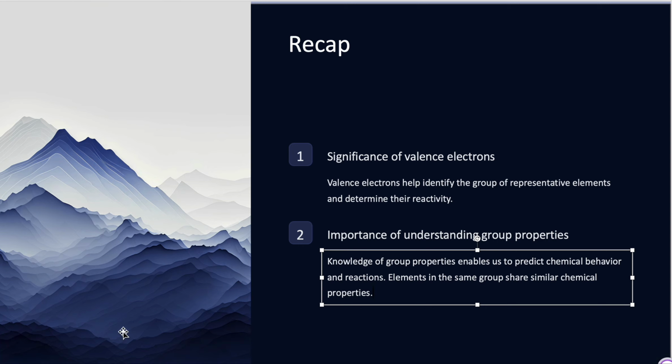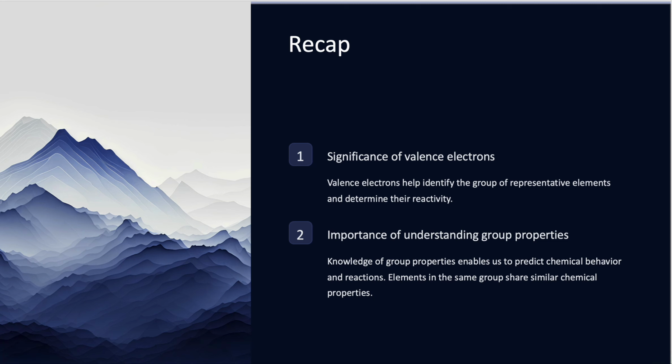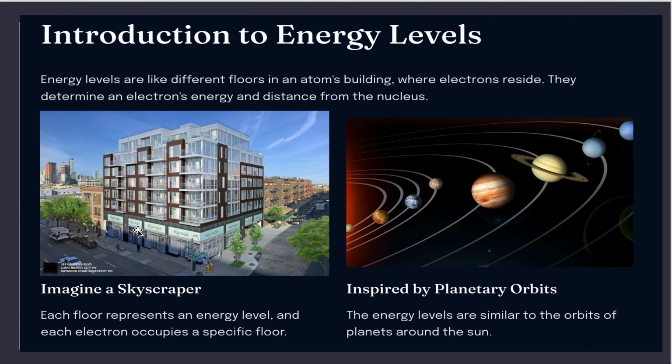Here, remember that based on the structure of the atom, we have the energy levels, and this is the planetary model according to Bohr. If you think of the atom as a building or skyscraper, it's like having 7 different floors, and on each floor you have different types of apartments.